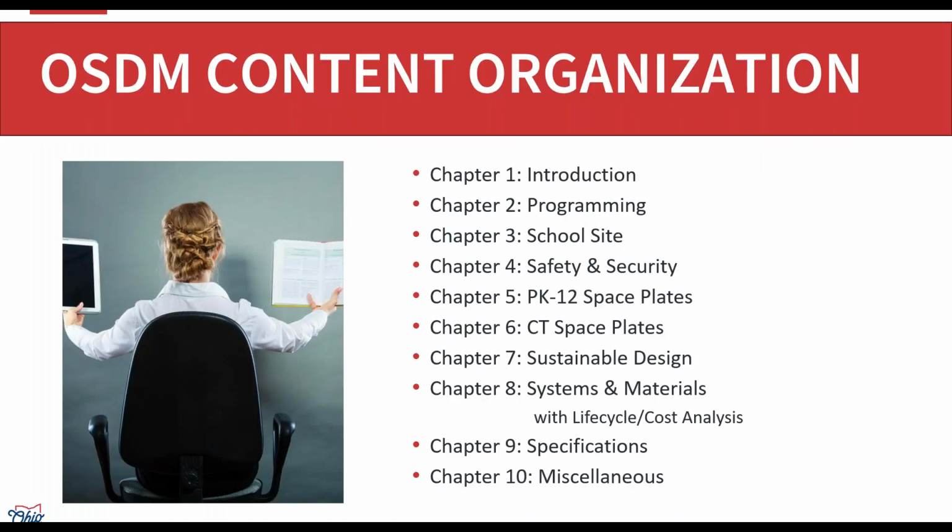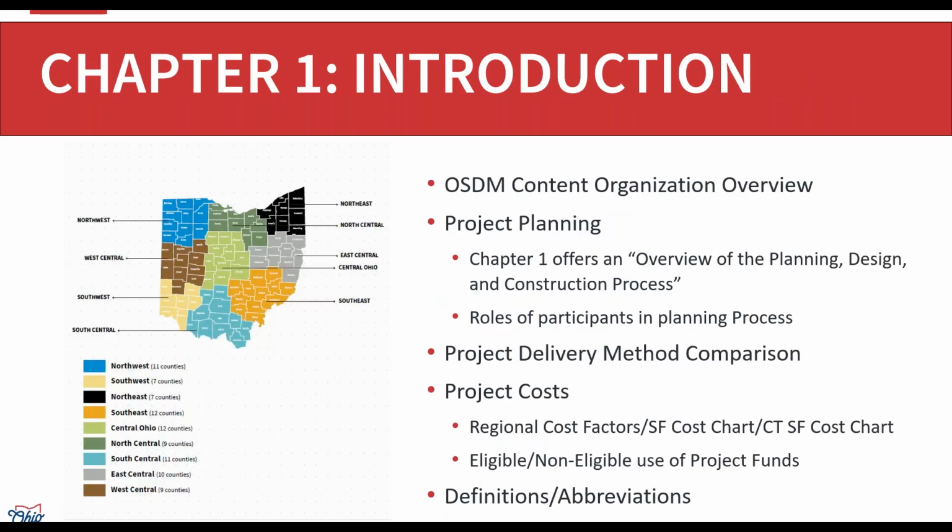So that brings us back to our organization going forward for the rest of the presentation, and we'll step through the chapters briefly, pointing out highlights of what's new, different, and possibly rearranged. So, Melanie? Thank you, Dean. Our next slide will be speaking about Chapter 1, the introduction.